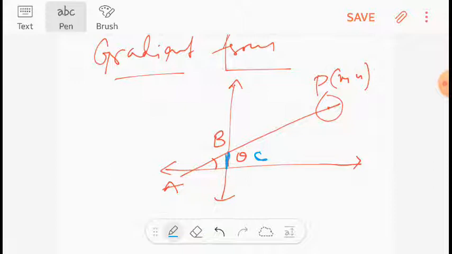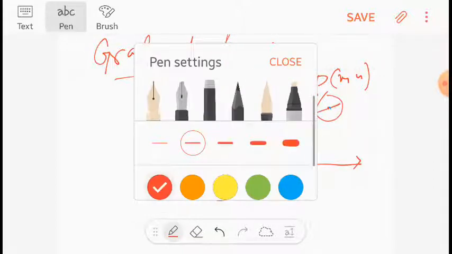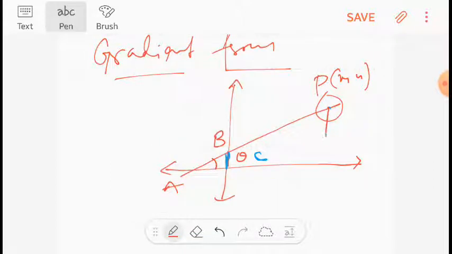Now what happened, that P is the line here. So now I draw a perpendicular from P. Okay, and if you draw this, this is named as M and this is L.